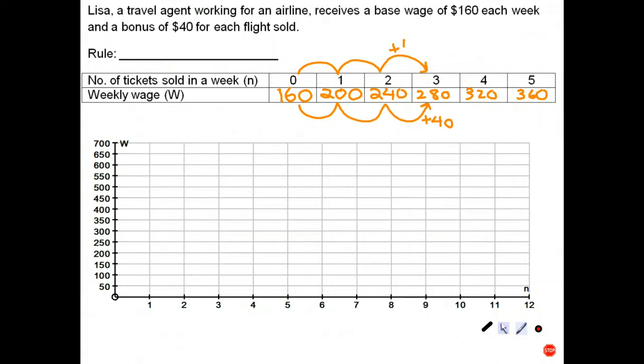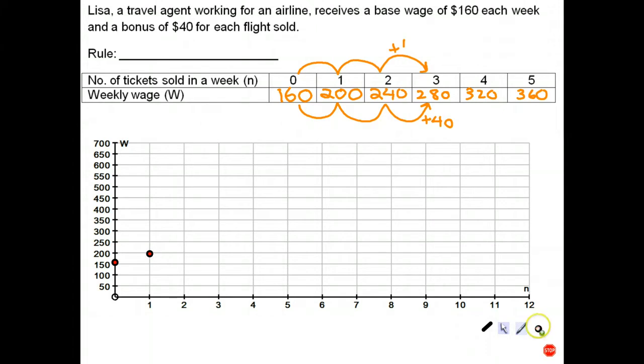Okay, let's go ahead and plot these points. So again, that's the X coordinate, that's the Y coordinate. When X equals 0, so the number of tickets sold is 0, she still earns $160. So to approximate that on the graph, a bit above 150. If she sells one ticket, her wage for the week is $200.